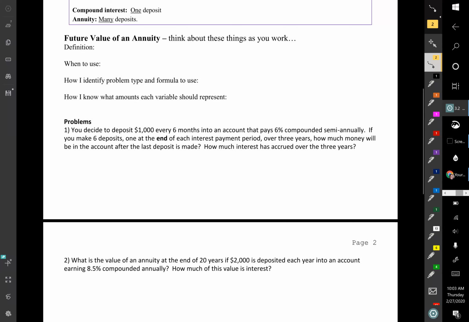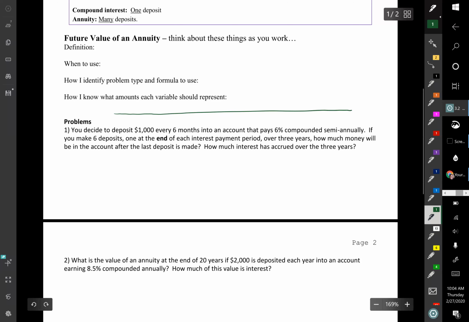I'm going to put a little timeline here. After history and math, you guys are all really into timelines, right? So here is my timeline. I'm going to write it right above this problem. This problem references a 3-year time span, so I'm going to put my 3 years in there: year 1, year 2, year 3.